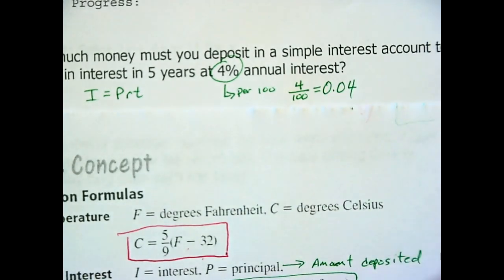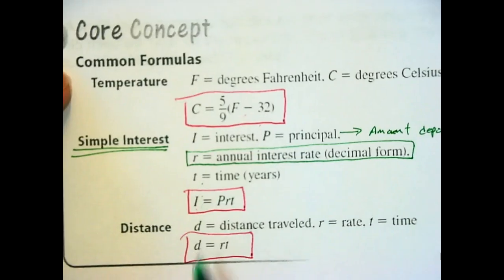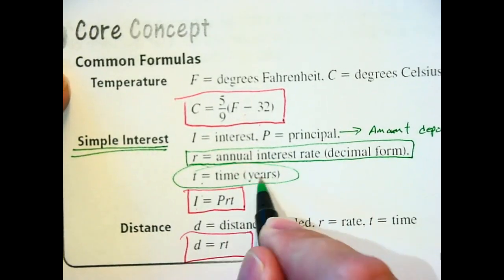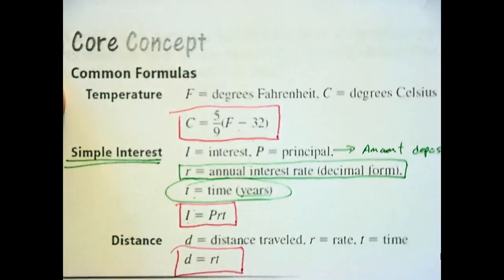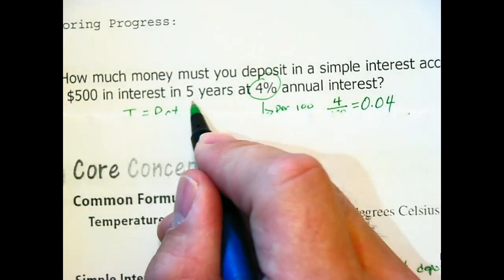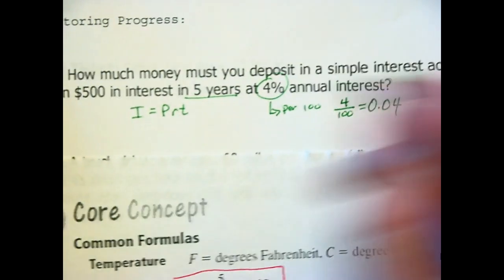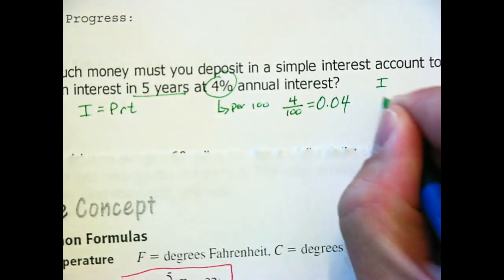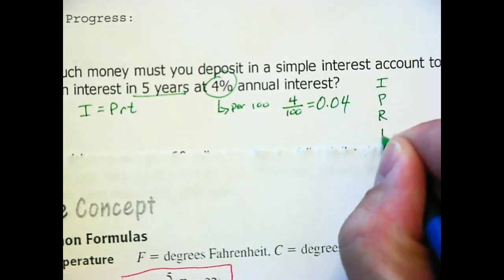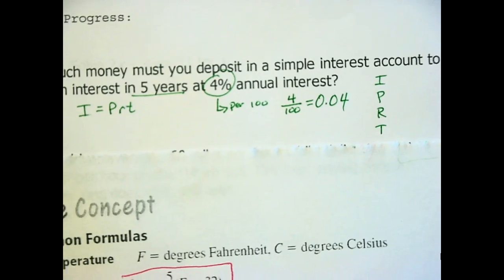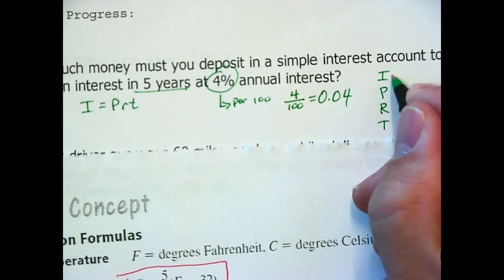And then my time, notice your time is given in years. In this case, pretty easy. It tells you 5 years. So if I'm defining all these pieces, if I want to think, okay, what is I, what is P, what is R, and what is T? Okay, which one of those do they give you?